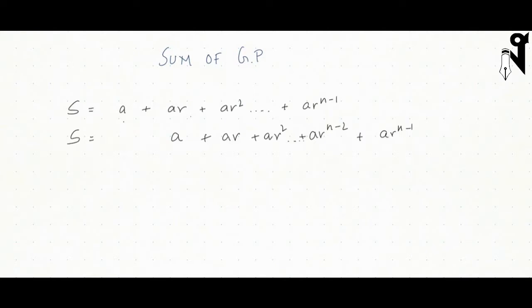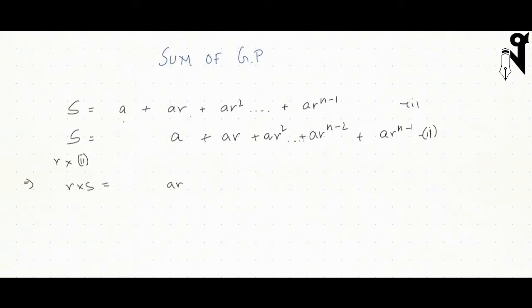Now I'm going to multiply the second equation with r. So r into the second equation. Okay, let's see what this gives. I have r into S on the left hand side, equal to ar.